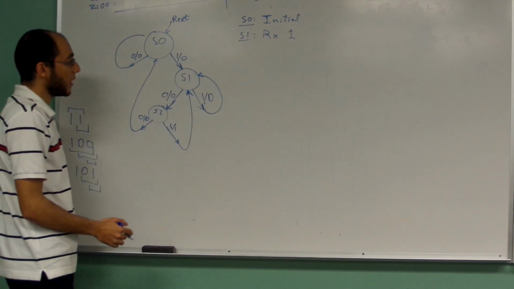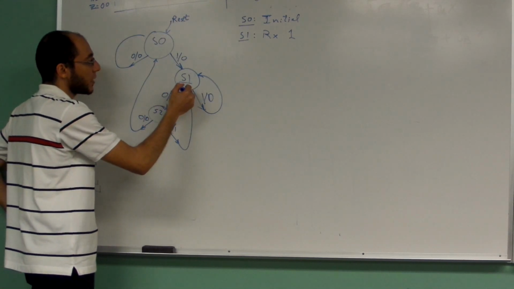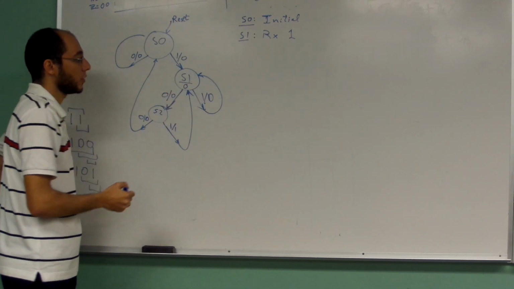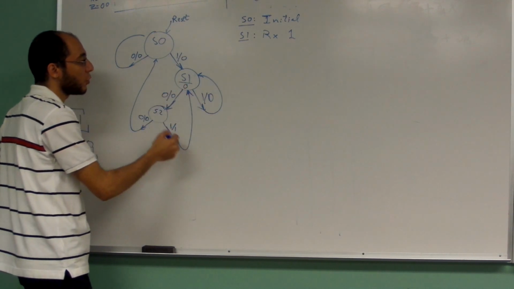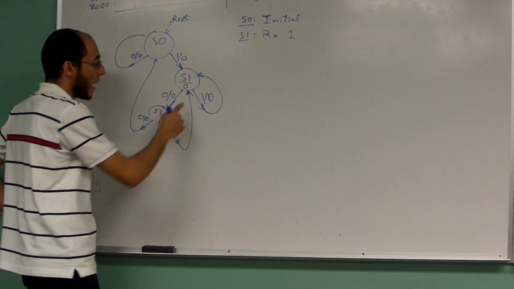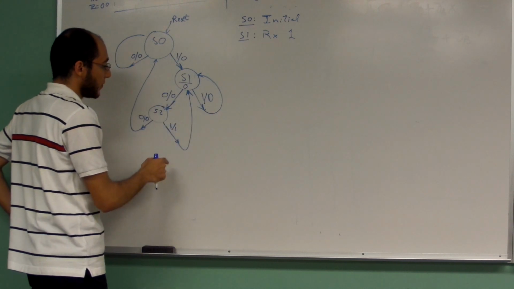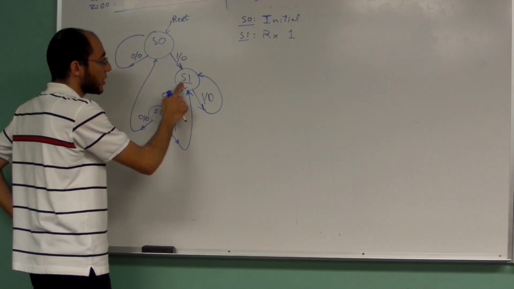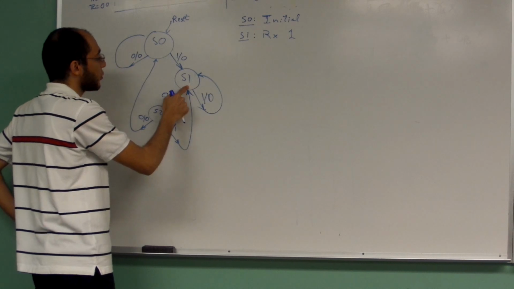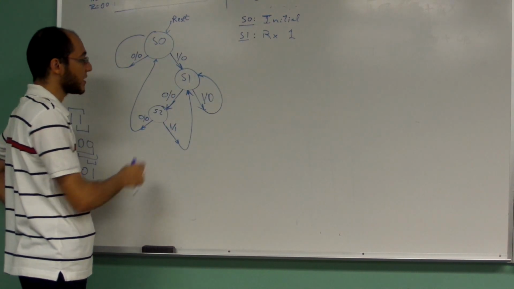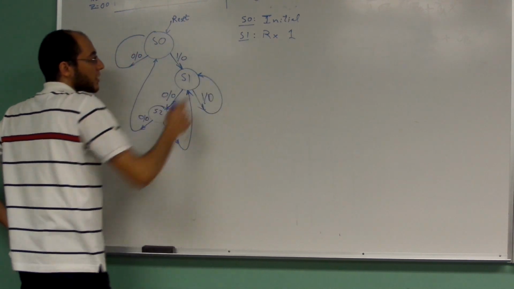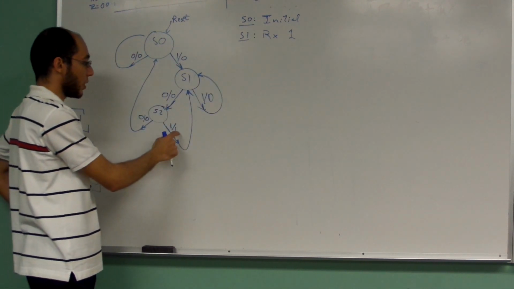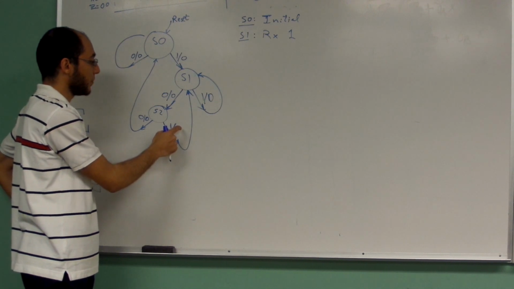Okay? In the Moore machine, previously I had in the state S1 an output of 0, and that's why I was not able in the Moore machine to go back to state S1. However, in the Mealy machine, I can go back to state S1 because I know that S1 does not represent an output of 0. It represents receiving the last 1.